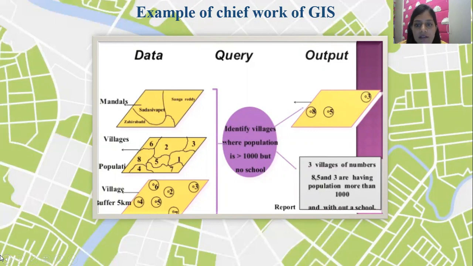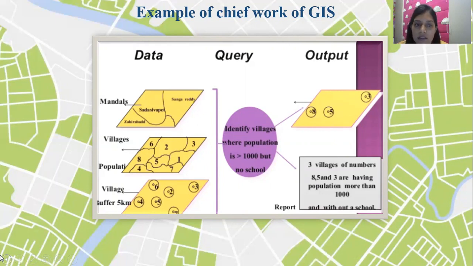So they have given us the output. By giving this much data as input in my GIS and writing my query, I get an answer. Three villages, number 8, 5 and 3, have population more than 1000. Sorry, it was my mistake, it is more than 1000, not less than 1000, and without a school.